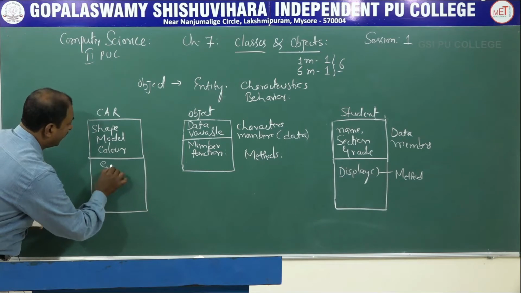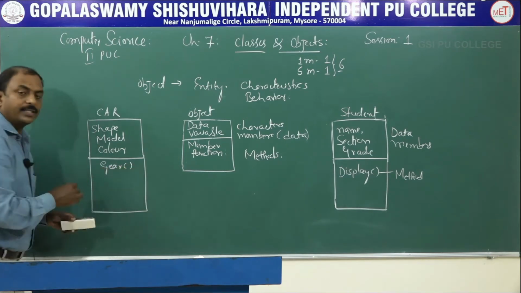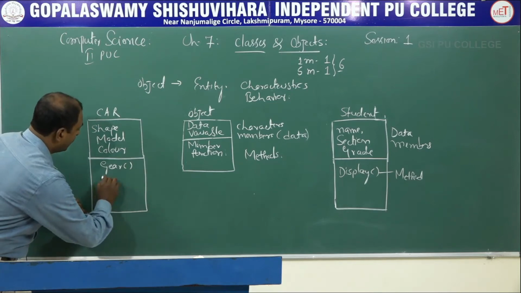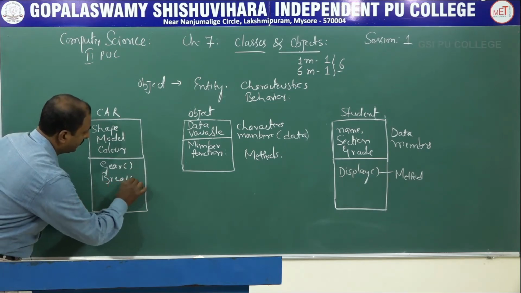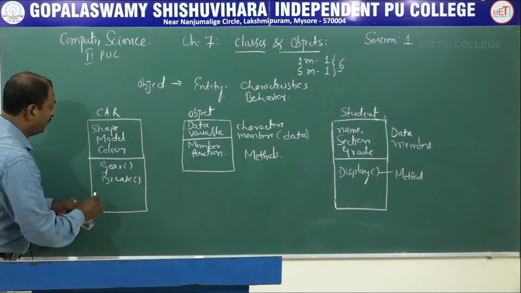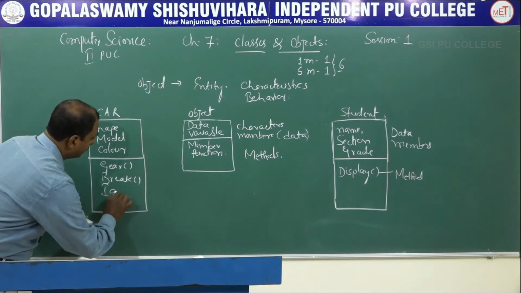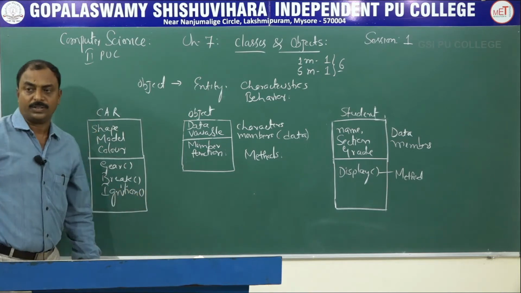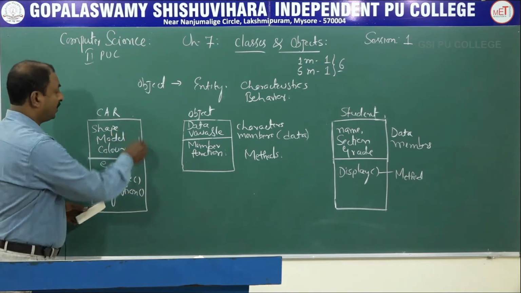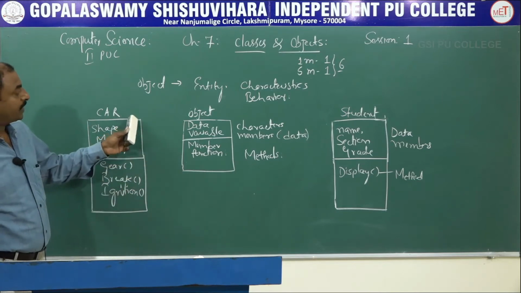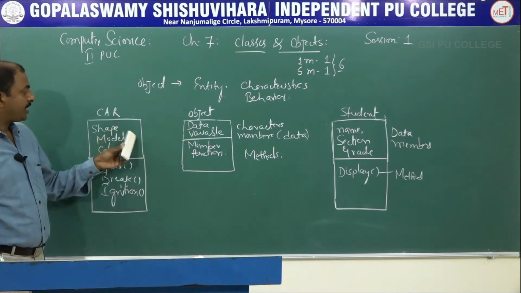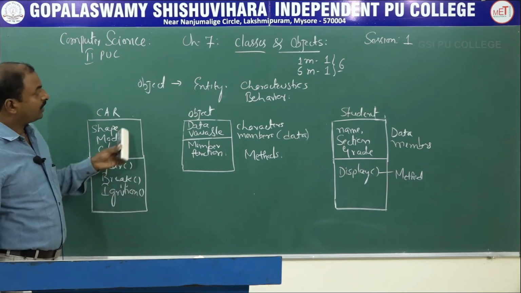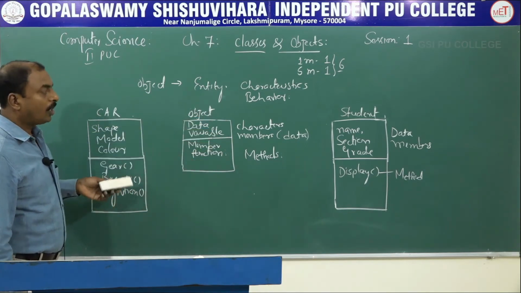For example, gear system. Gear system is one function. Similarly, brake system is one function. And ignition is one more function. So here, suppose this is an object for us. So what is an object here? Object is an entity which has some characteristics and behavior. So these are examples of object.